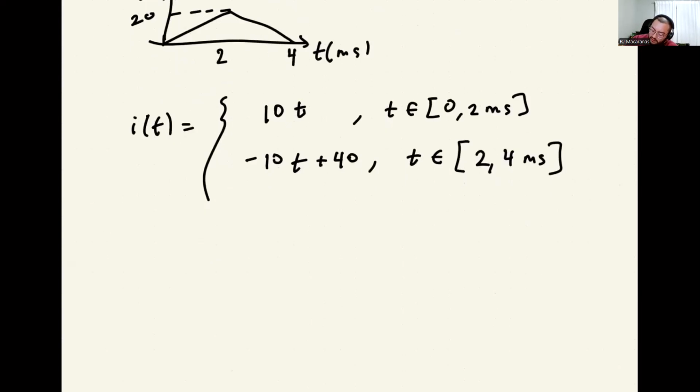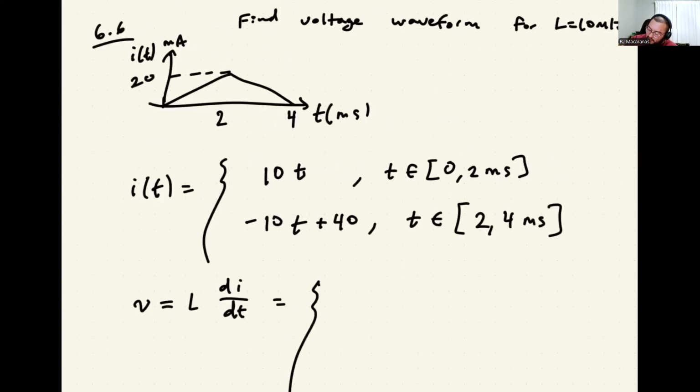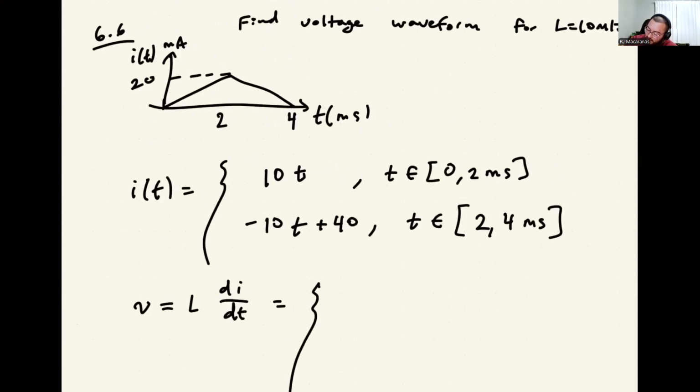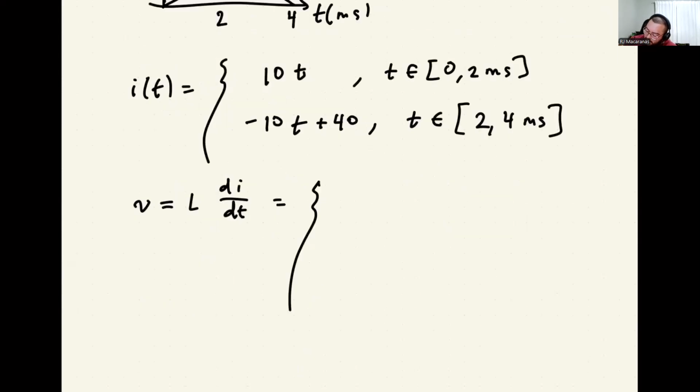And you would take our inductor equation and figure out the voltage. Since our inductance is 10 millihenry, you would take the derivative of 10t, which is just going to be 10, right?